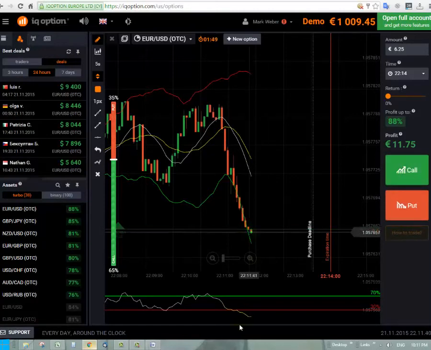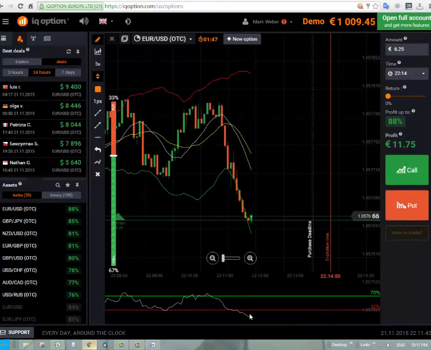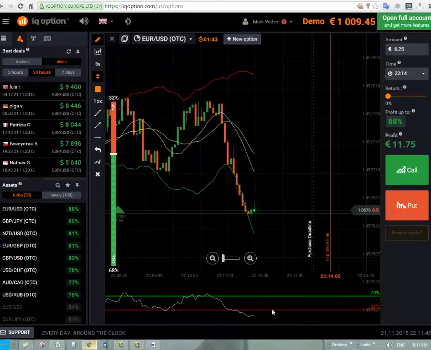Yes, we will make the position because the RSI is way under the 30% line.